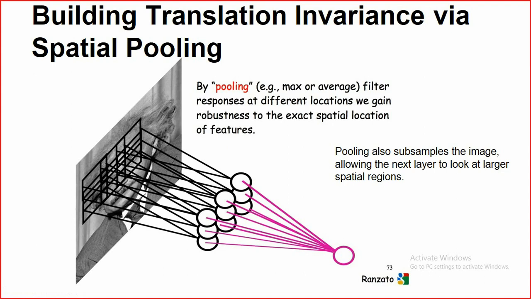But here we know that we found one eye and we don't need all of these features. One of them is enough, the one with the highest value or the average of them. Anyway, we can reduce the size of the extracted features by using pooling. So pooling also subsamples the image, allowing the next layer to look at larger spatial regions.